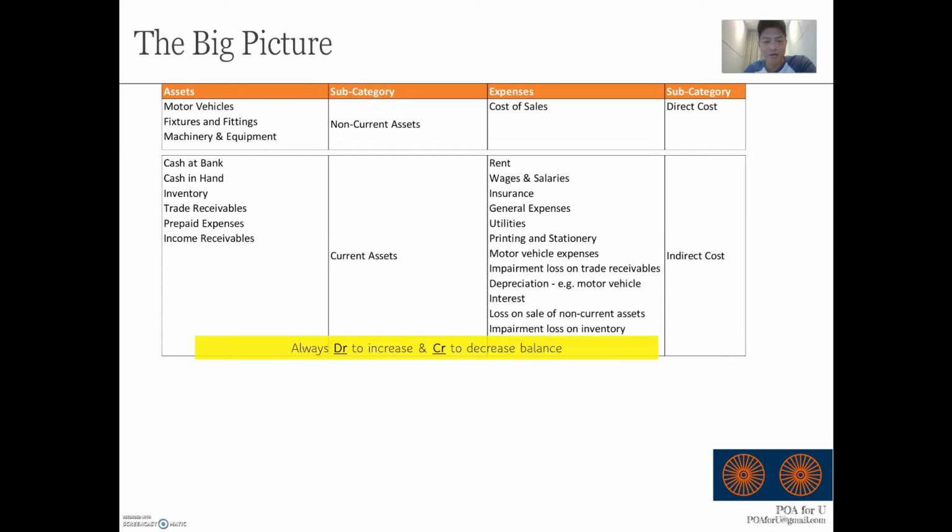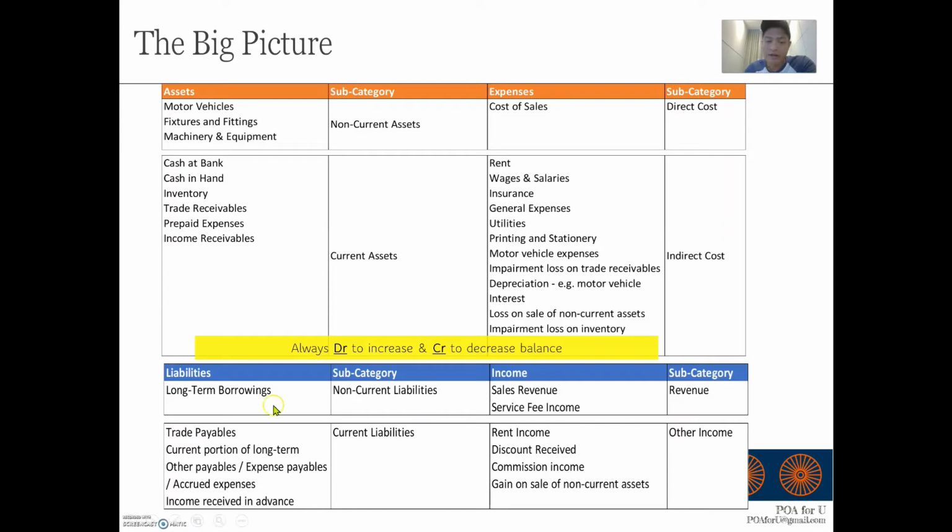Okay, now as mentioned before, debit to increase the balance and credit to decrease, because they are debit nature. Credit nature items are liabilities and income, and also equities. I don't have equities listed here in this table, but equity items would be essentially your capital.